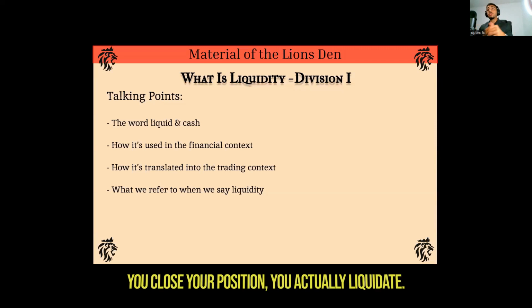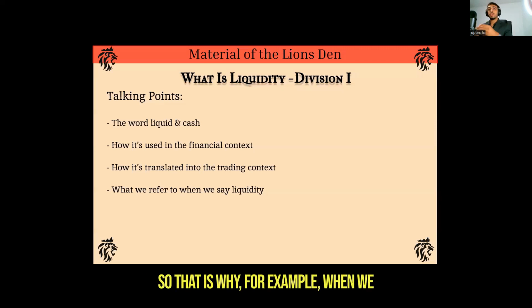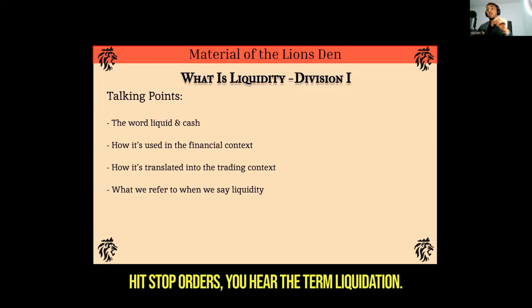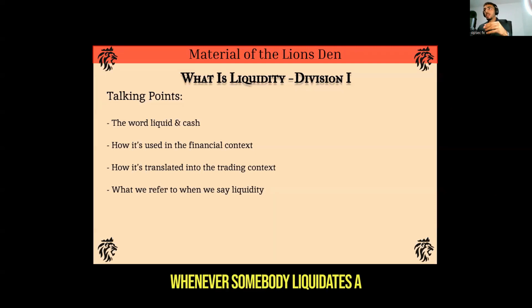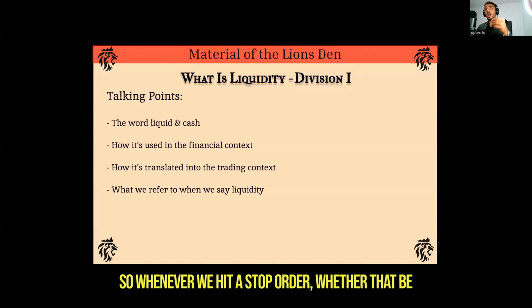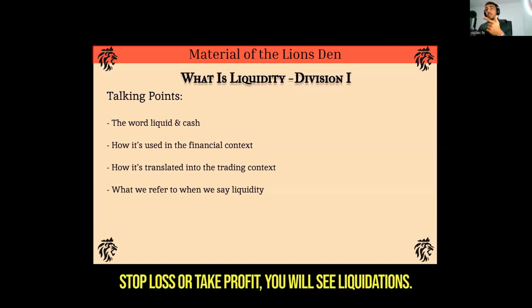Once you close your position, you actually liquidate. That is why, when we hit stop orders, you hear the term liquidation. Whenever somebody liquidates a position, he's closing it. So whenever we hit a stop order, whether that be stop loss or take profit, you will see liquidations.